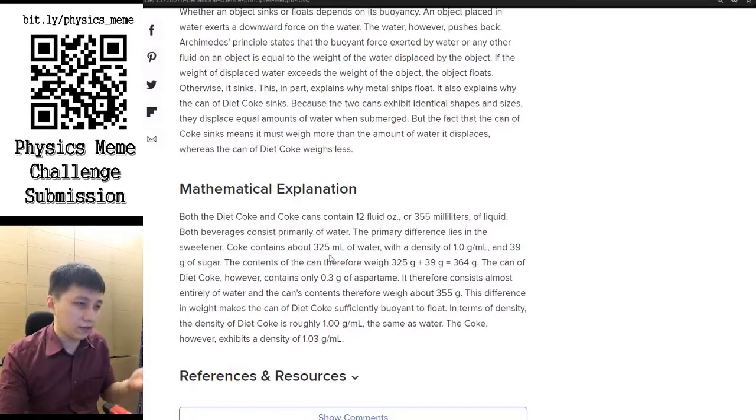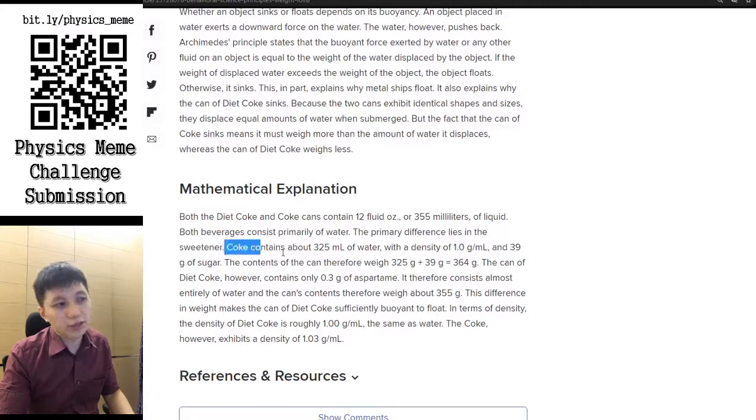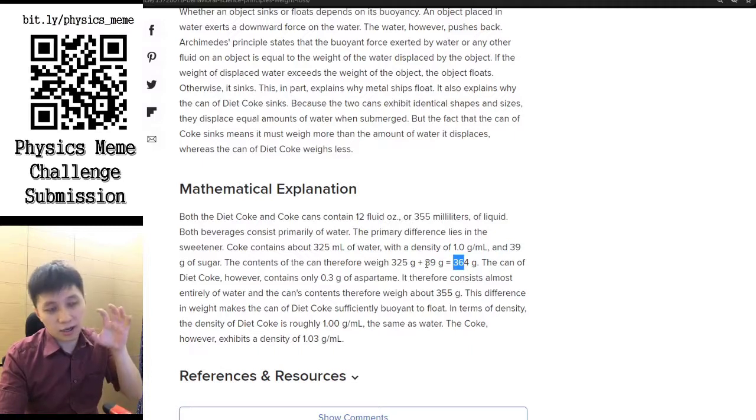So I can only rely on this reference, and this reference told me that for the Coke, which is mainly containing water with 325 ml, which is cm cube, it also contains 39 grams of sugar. So in total, that's going to be about 364 grams. So the sugar actually contributes about 10% or more than 10%, I think it's more like 11% of the mass extra on top of the water.